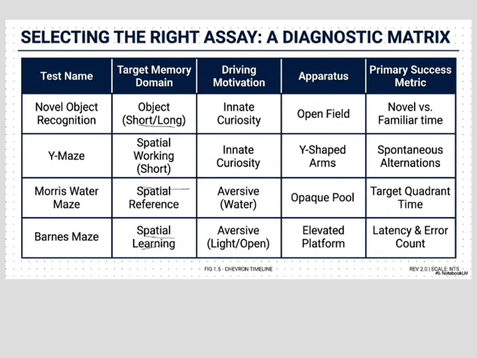Second, the disease model must be considered. For example, Alzheimer's disease studies often involve the Morris water maze test and NOR. Then the physical and sensory ability, and the driving motivation.